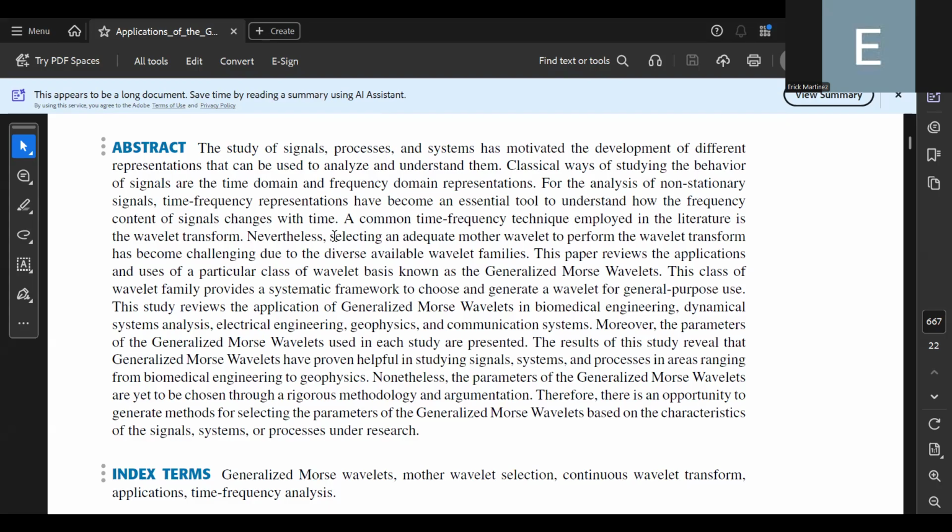Sometimes people say, okay, I use a Morlet wavelet, or I use a derivative of Gaussian, but those wavelets require certain parameters. Also, computing the transformation requires certain parameterization. For example, if you want to compute the wavelet transform, you need to define the number of wavelets per octave.